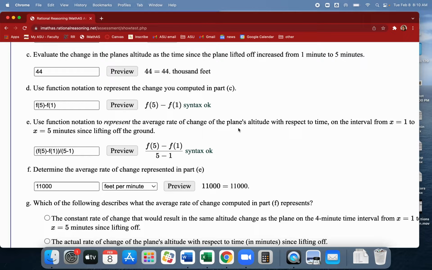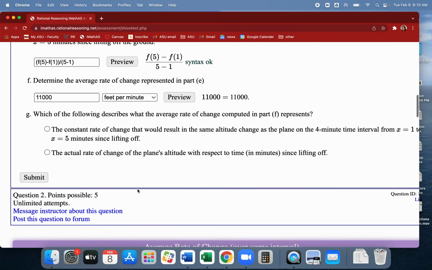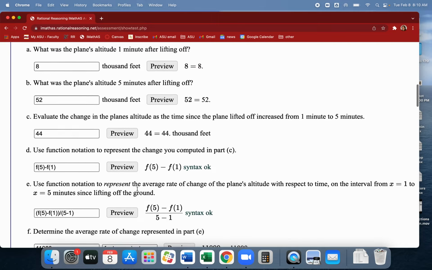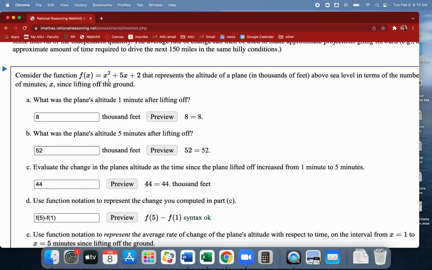So in this case, it was altitude and time, but the measurements on those were thousands of feet and minutes. This is the closest one we had, so we just put in the 1,000. So average rate of change, as I said, this one here, this is not a constant rate of change situation. This is not a linear equation.